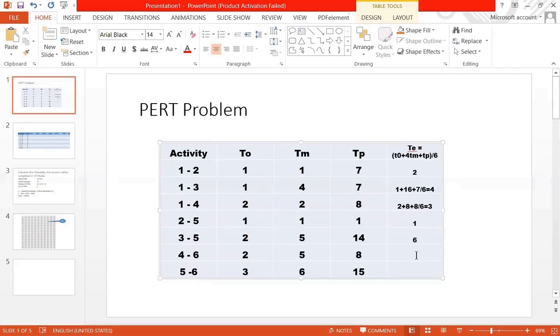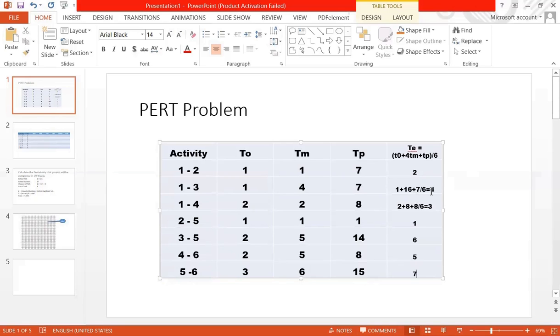Similarly, here you will get 2 plus 20, that is 22 plus 8, 30 divided by 6, 5. Similarly, here 3 plus 6 into 4, 24. 24 plus 3, 27 plus 15, 42 divided by 6, that will give you 7.